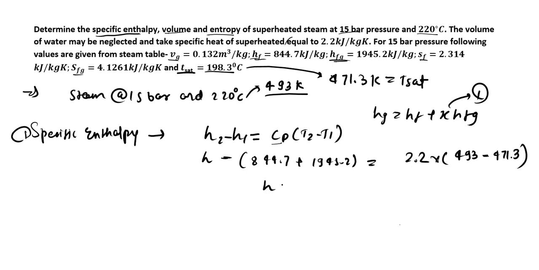If you calculate this, your H comes out to be 2837.64 kilojoule per kg. This is how you can calculate your specific enthalpy from this very simple equation.